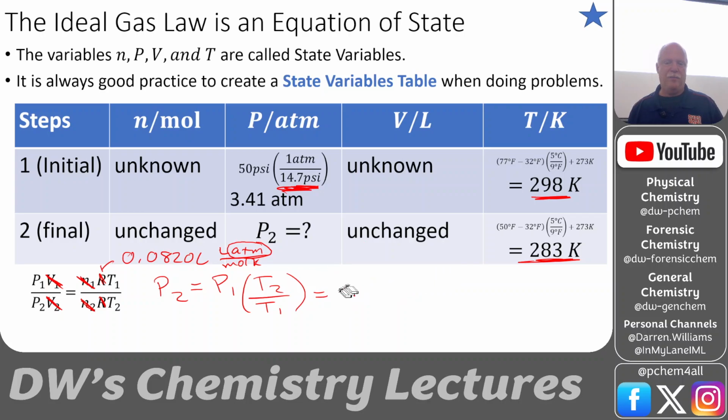I can use psi in this case, because whatever unit I have for P1 is going to be the unit I get for P2. Everybody see that? So let's use psi. I've got 50 psi and 283 Kelvin over 298 Kelvin.